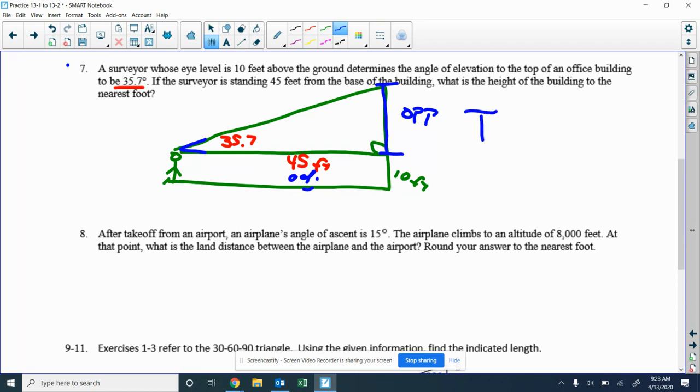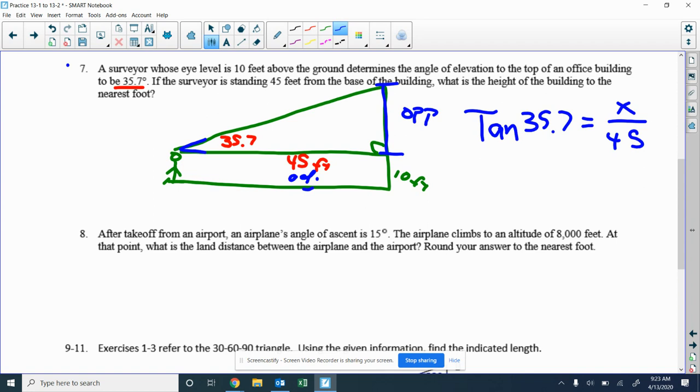So we're going to have to say the tangent of the angle, which is 35.7, is equal to the opposite. We'll say that's x, because we don't know it, over our adjacent, which is 45. So now you're going to need your calculator. Make sure you're in degree mode. So you need to say the tangent of 35.7 times 45.